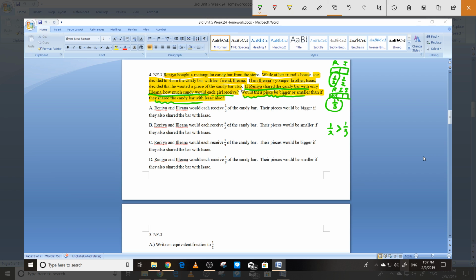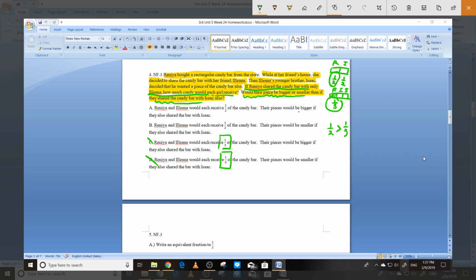Therefore, which one of our answer choices makes sense? I can already tell. I see 1/3 here, 1/3 here. Remember, if Renaya is only sharing with Iliana, then they each get 1/2. Therefore, C and D are both out of the running. A and B are left. Now, how are they different?